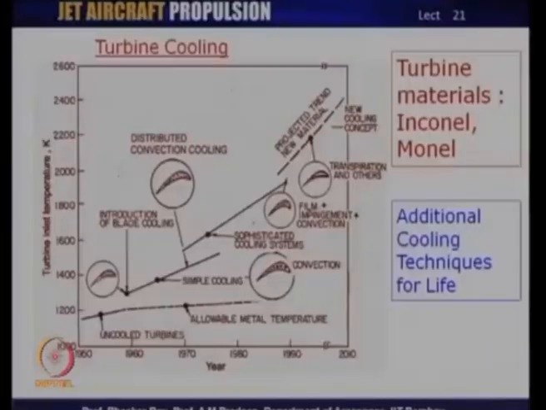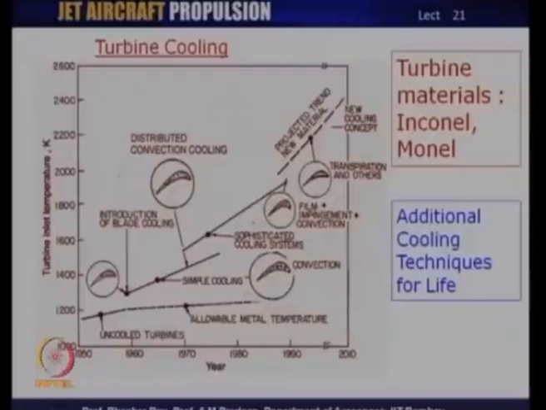Now, you can see here in the early years there were some simple cooling mechanisms, which passed some cooling air through the blades, and this introduction of blade cooling provided some relief, and a certain amount of increase in temperature could be easily achieved.